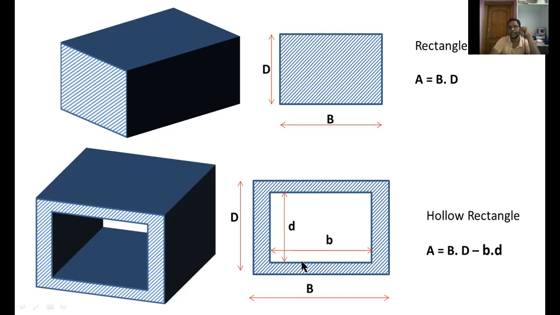So the area for the hollow rectangle, capital A, equals the area of the outside rectangle, B into D, minus the area of the inner rectangle, small b into small d. This is the formula for a hollow rectangle. Here you can observe that this one is a solid rectangular bar and this one is a hollow rectangular bar. This is the main difference between them.